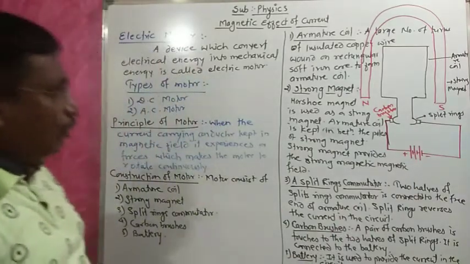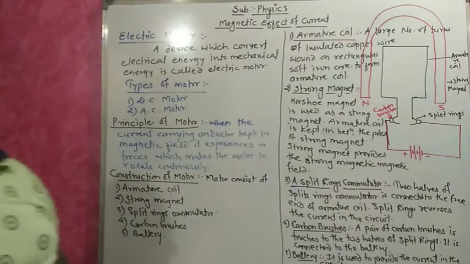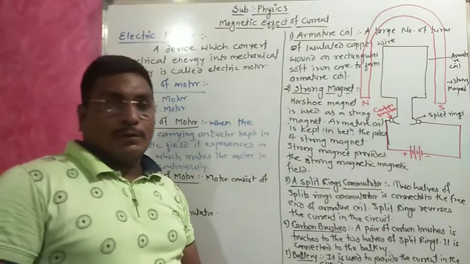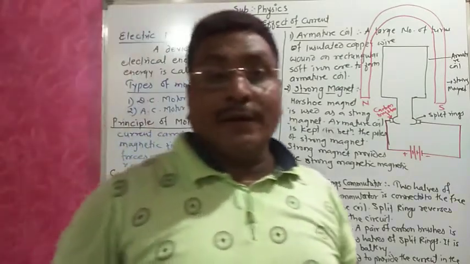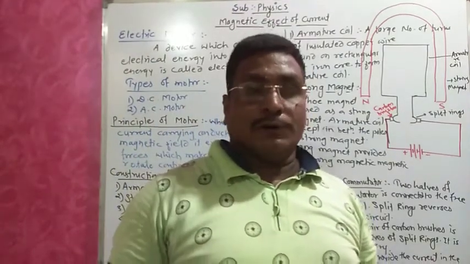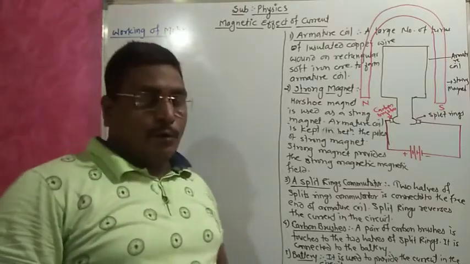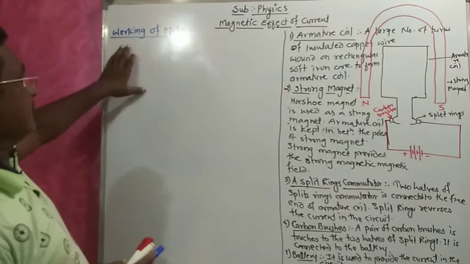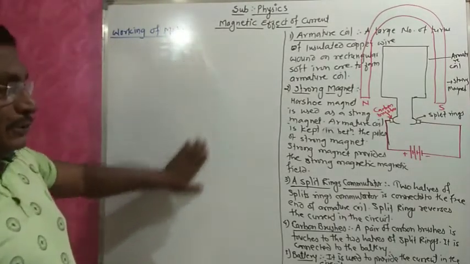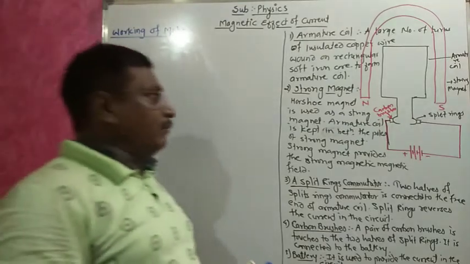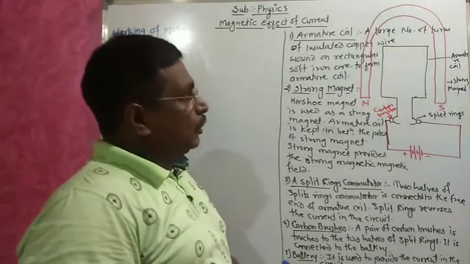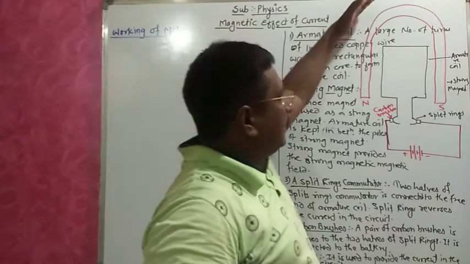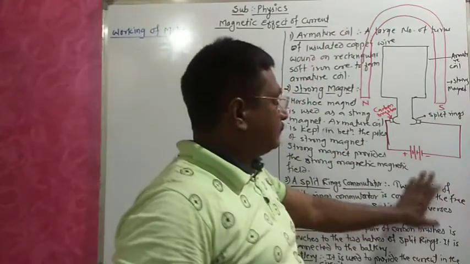Now we will go on to the working. What is the working of an electric motor? Now we will discuss how a motor works. So now we will go on this diagram.